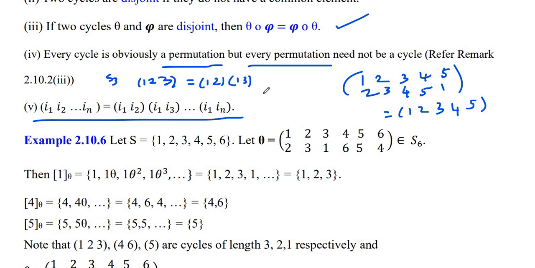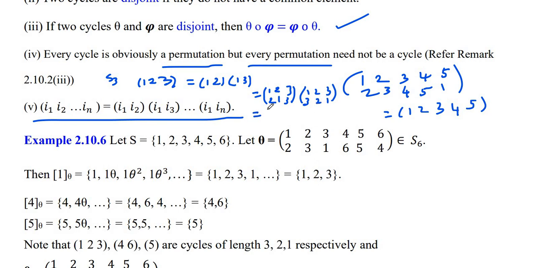The reason is, when we consider (1 2), the meaning of that is this permutation, in two-row notation, with 3 kept as such. And for (1 3), the meaning is 1, 2, 3 in the first row, 1 is taken to 3, 3 is taken to 1, 2 is left as such.